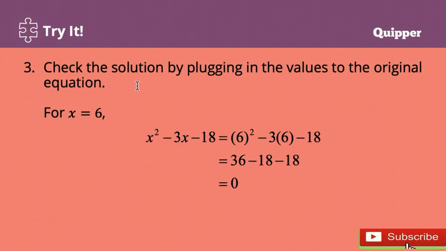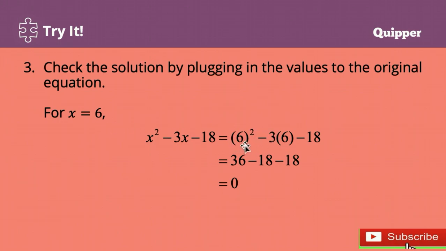Next is check the solution by plugging in the values to the original equation. So let's see if the result is equal to 0. From the given expression, x squared minus 3x minus 18 is equal to, let's now substitute the value of x, which is 6.